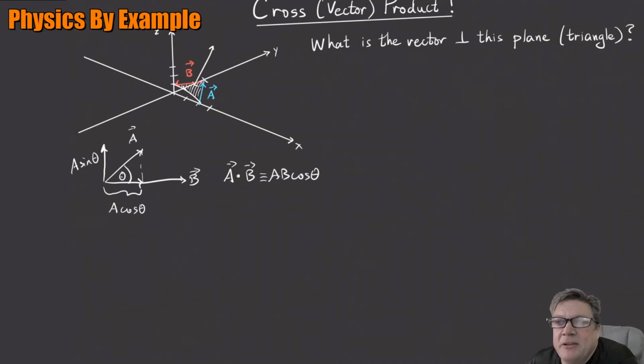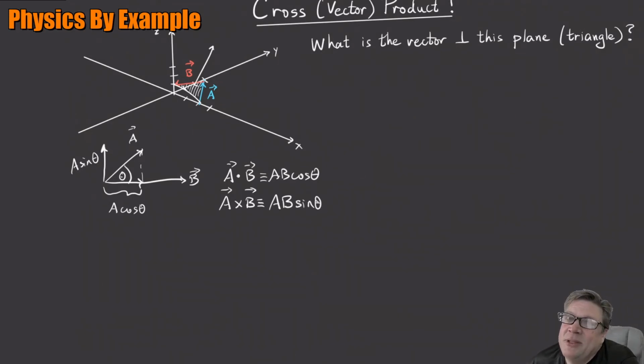The perpendicular bit would be A sine theta. Sometimes we want that, so we define another thing with another multiplication symbol, and we just call it the cross product. The cross product is going to involve the perpendicular bit, AB sine theta, measuring how perpendicular two vectors are.